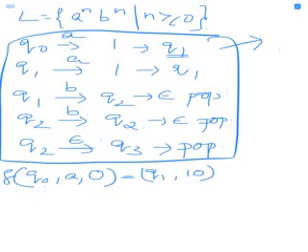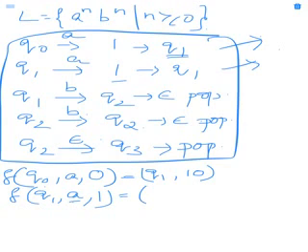Then the next function is del of Q1, A, and the stack top 1: it remains in the state Q1 and pushes 1 again. So this is the new one and this is the old one, the previous stack symbol. That is the case with Q1.